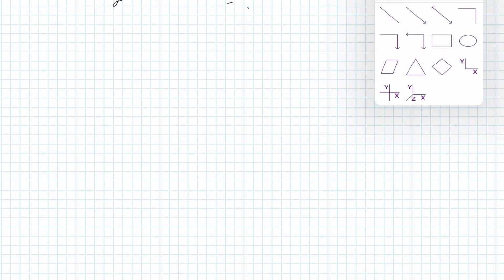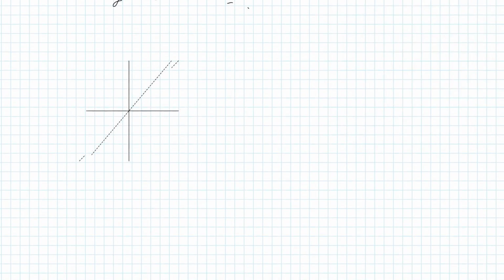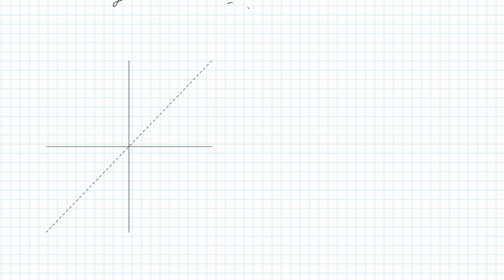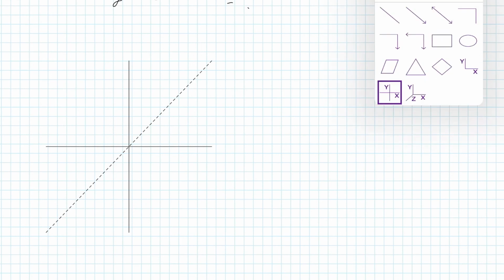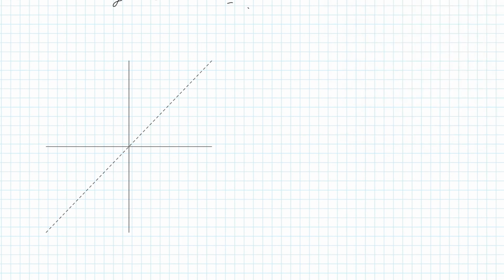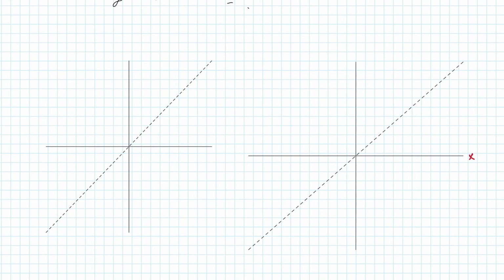Let me draw the pictures for case 1 and case 2. Here this is x, this is y, this is negative y, and here it is z, coming out of the screen.